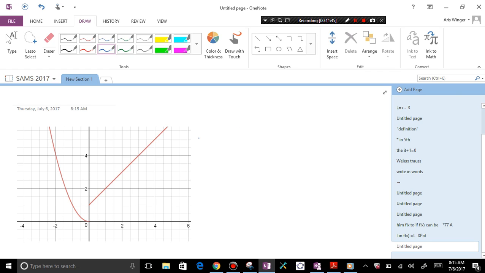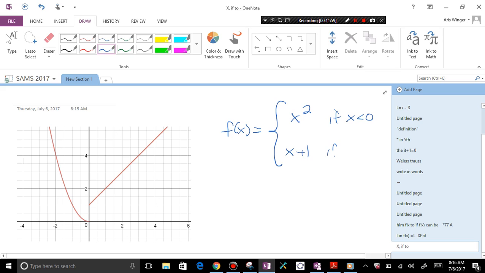Here's f of x. In test form, it's going to be written like this: it's x squared if x is less than 0, and it's x plus 1 if x is greater than or equal to 0.